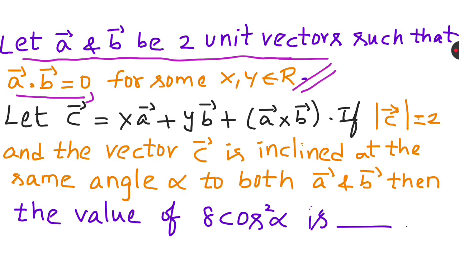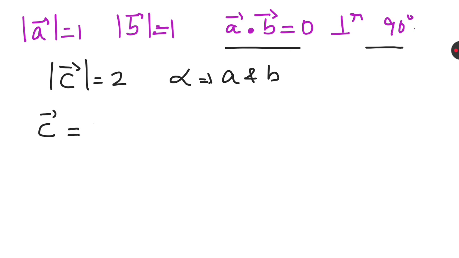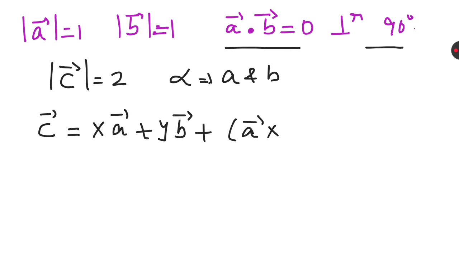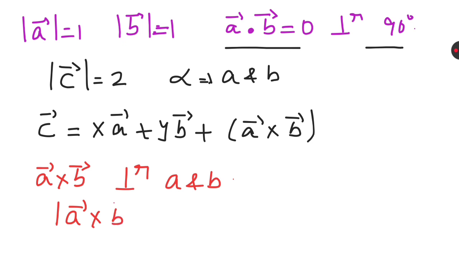Now let's see what they have given. Let C equal x A bar plus y B bar plus A cross B. They also said the magnitude of C is 2. What we know is A and B are orthogonal unit vectors. The vector A cross B is a unit vector perpendicular to both A and B. What is the formula for A cross B?